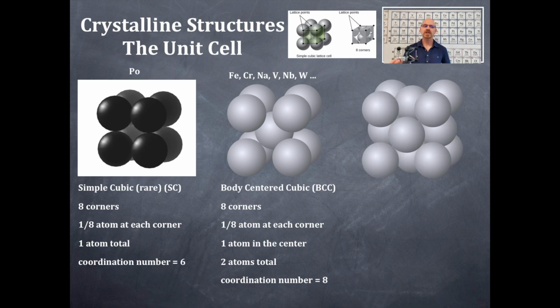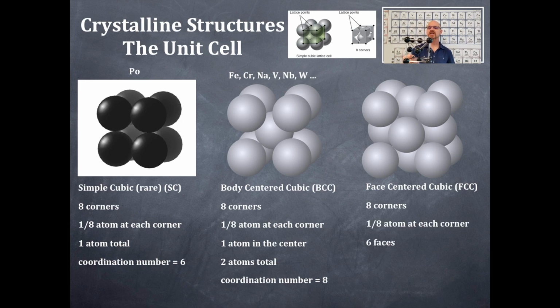All right, the next one here is this one right here, and that is a face-centered cubic. A face-centered cubic has an atom right at the face. There are 8 corners, just like before, with 1/8 of an atom at each of the corners.